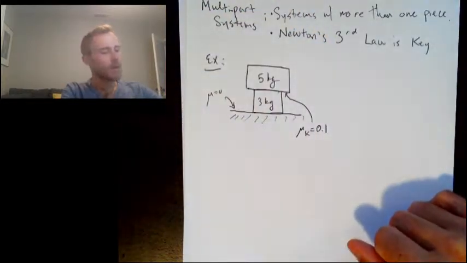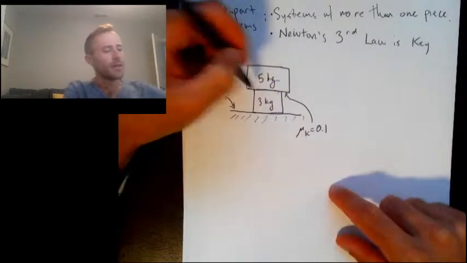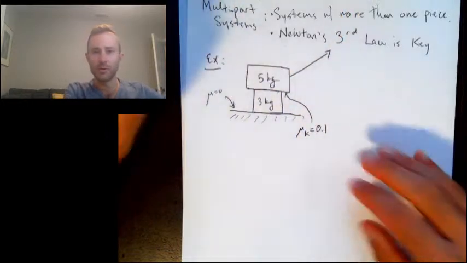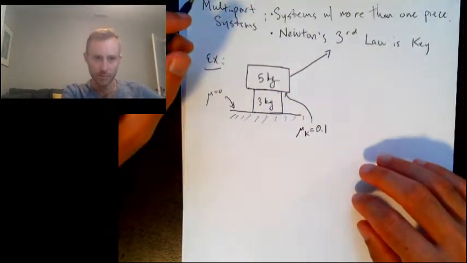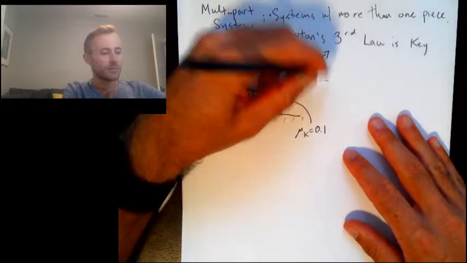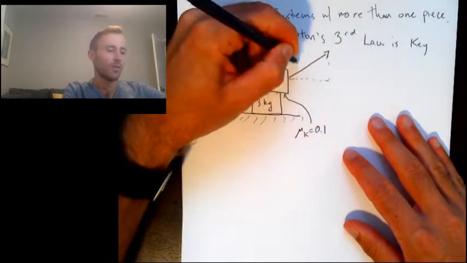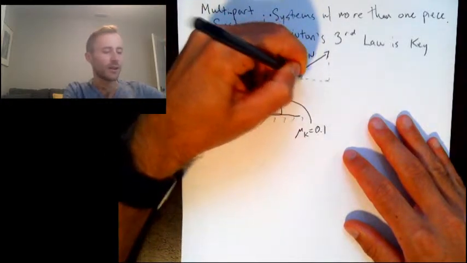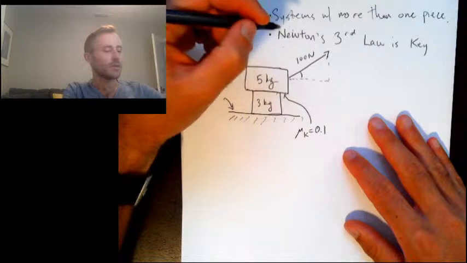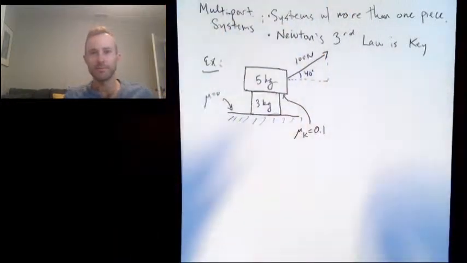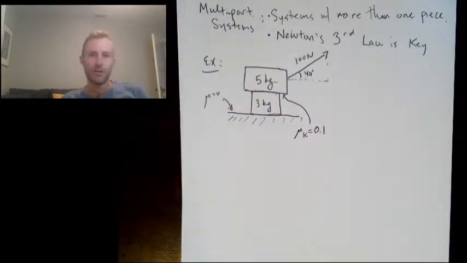And then there is a force, a diagonal force that's pulling only on the top block. Okay. And it is a, let's say, 100 Newton force that is at an angle of 40 degrees.